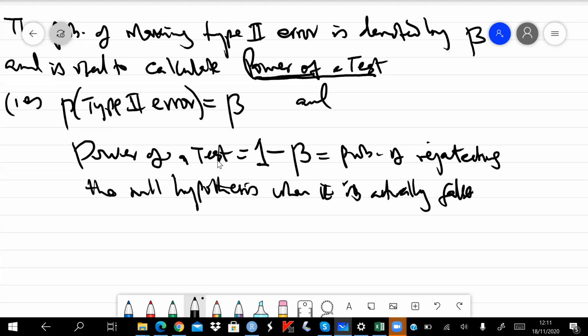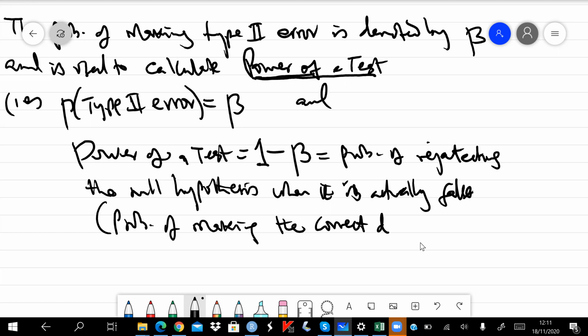The probability of rejecting the null hypothesis when it is actually false is similar to saying the probability of making the correct decision. Remember, decision making revolves around the null hypothesis.